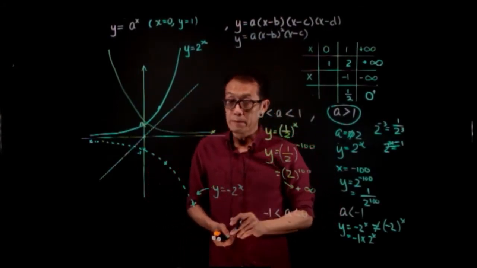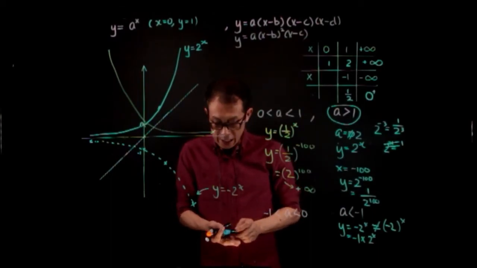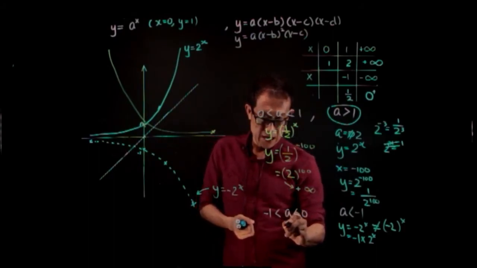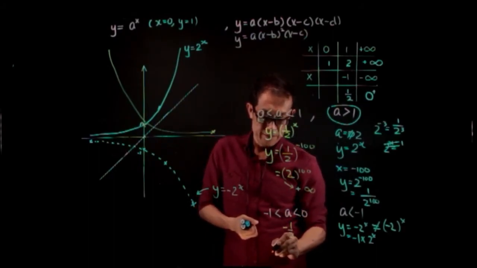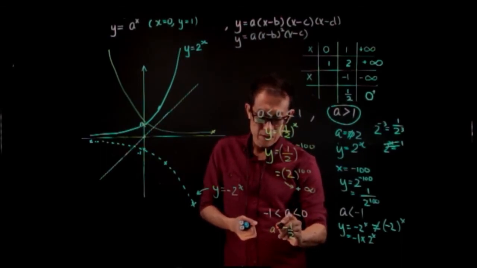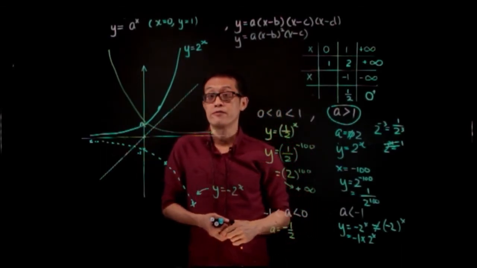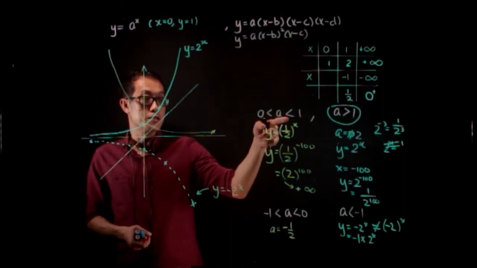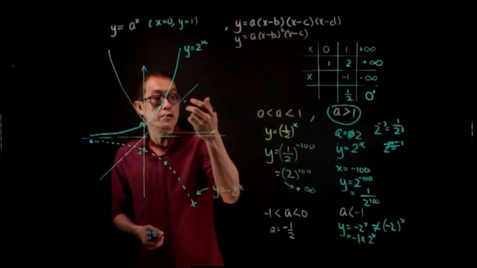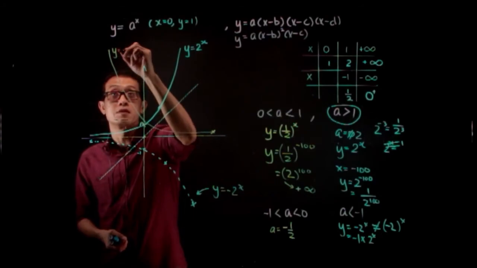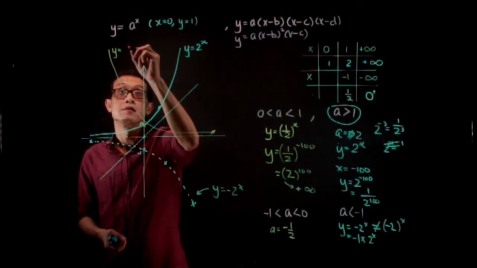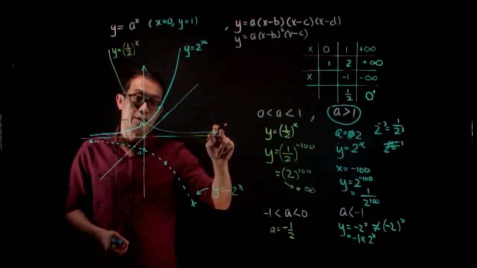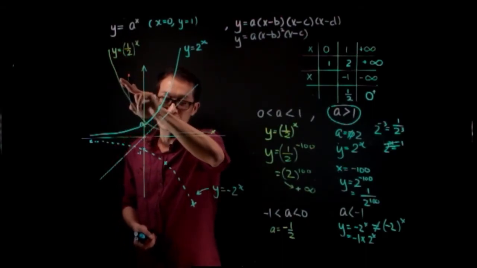Now, what happens if a is -half? Just now we said that when a is between 0 and 1, the graph looks like that. We have come to the conclusion that half to the power of x is this graph, the one my finger is going over.